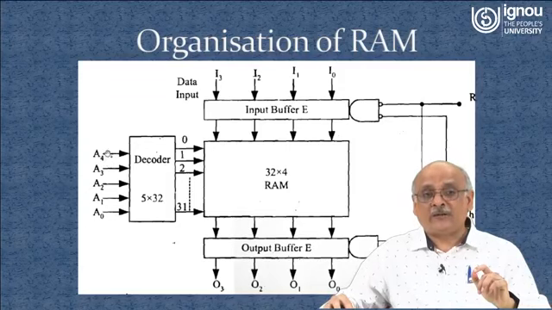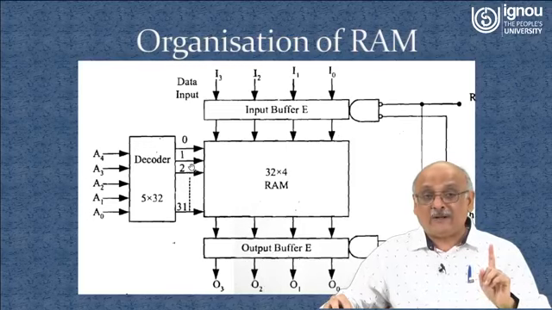That is how a decoder works. For example, A0 to A4. If I say this is 0, 0, 0, 0, 0, then which line will be selected? Line 0. If it is 0, 0, 0, 0, 1, then the first line will be selected.